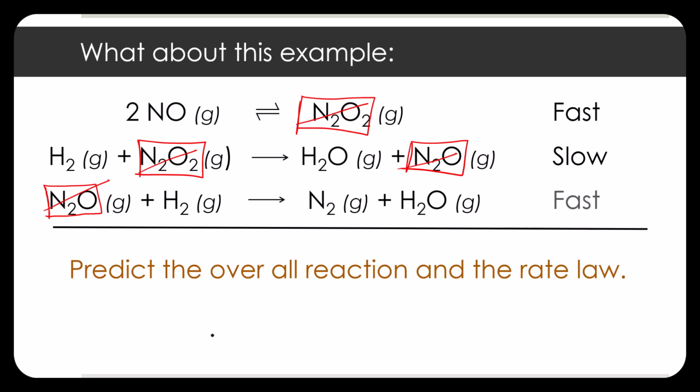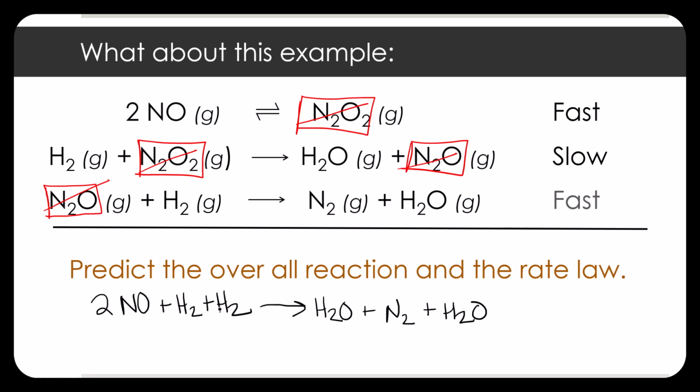Let's write the overall reaction. What we have left on the reactant side is 2NO plus hydrogen plus hydrogen, to produce nothing from the first step, water, nitrogen, and water.